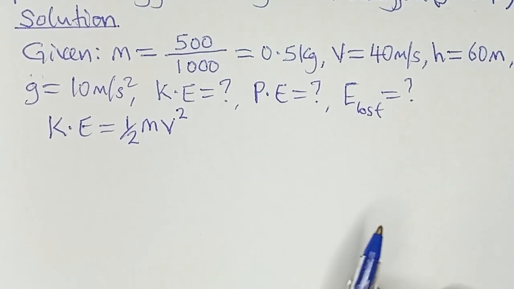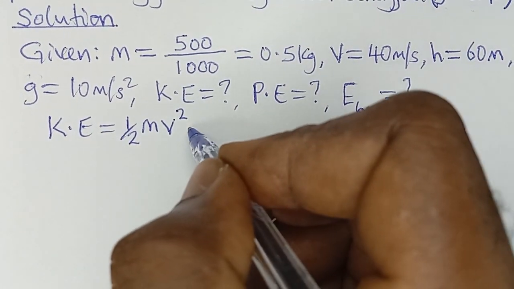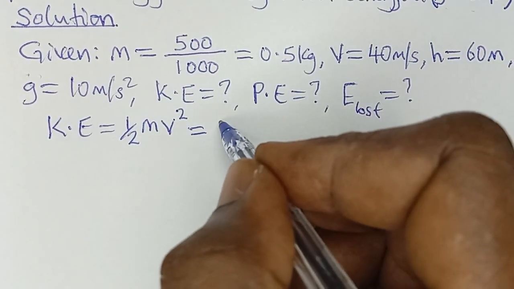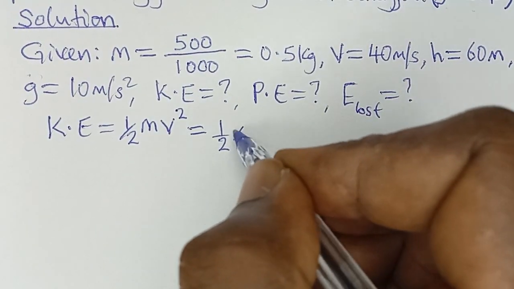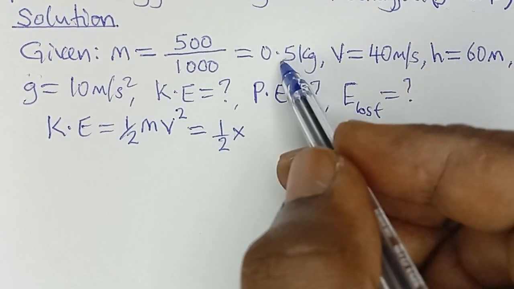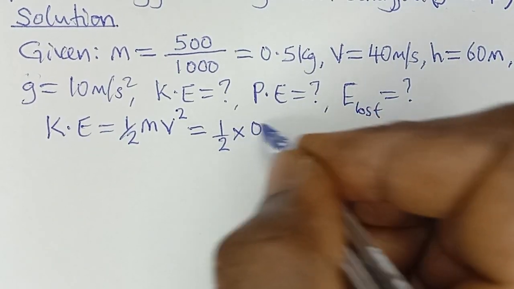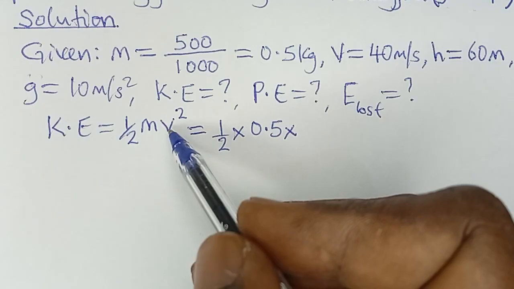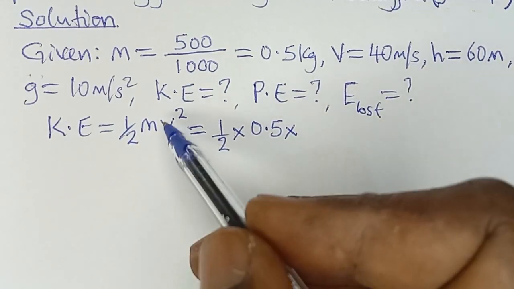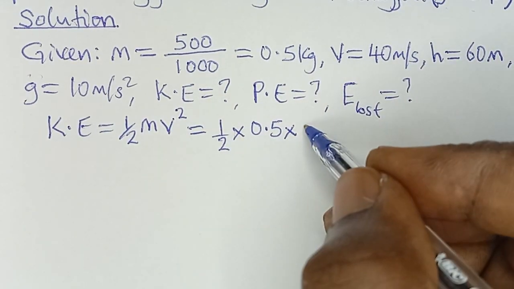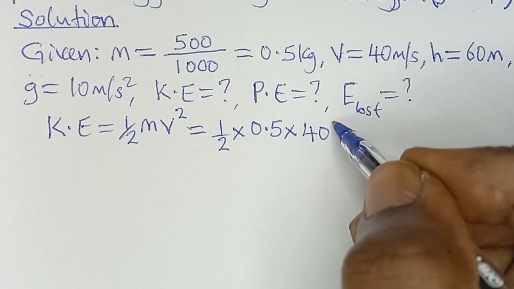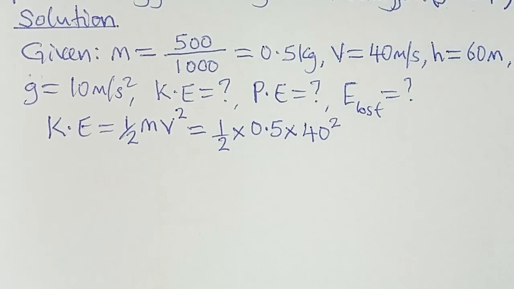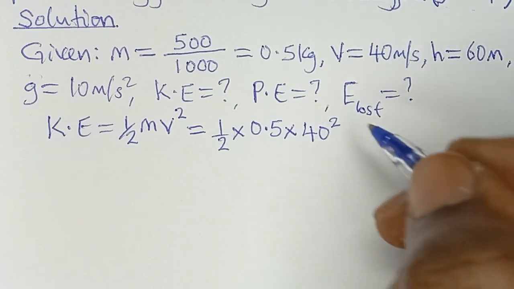So let's substitute values now. So I'm going to say the half, which is 1 over 2, multiplied by the mass, which is 0.5, and then multiply by the velocity, which is 40. But don't forget, it is velocity square. So I'm going to write 40 square as the velocity. Is that okay?